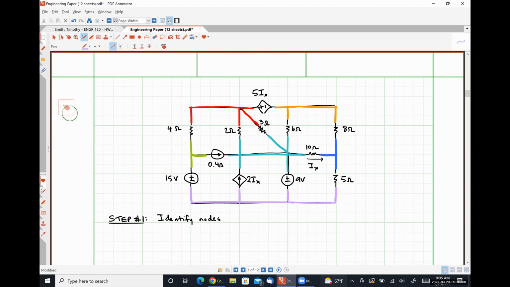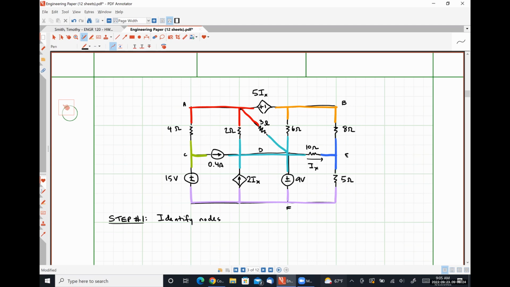Okay. So let's throw some labels on this. So A, B, C, D, E, and F.